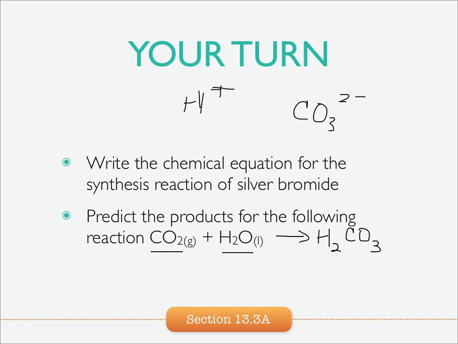Now the tough part might be figuring out the state. Well, there's water, so the carbon dioxide is going to get dissolved in water. This is actually going to be aqueous when it's formed. The states are probably the minor thing of these. Trying to create the product, that's the key.